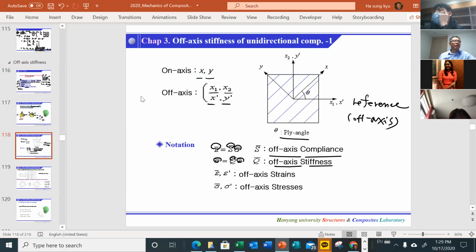Sometimes we use epsilon bar or epsilon prime, or sigma prime or sigma bar. They mean off axis quantities. Okay, this is the off axis coordinate system and symbol.